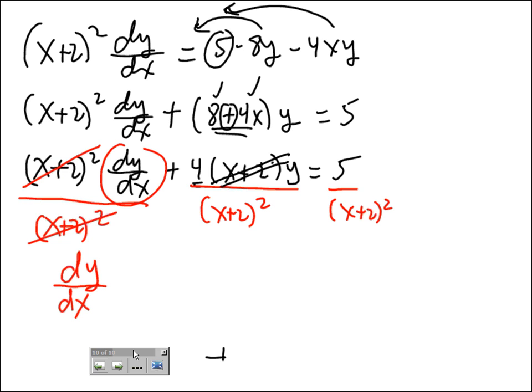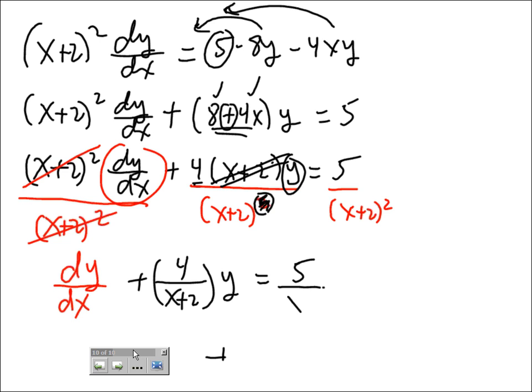Since there are two in the bottom, and I just killed off one, there's only one left. So I have plus 4 over x plus 2 times y. That y I factored out, over (x + 2)².